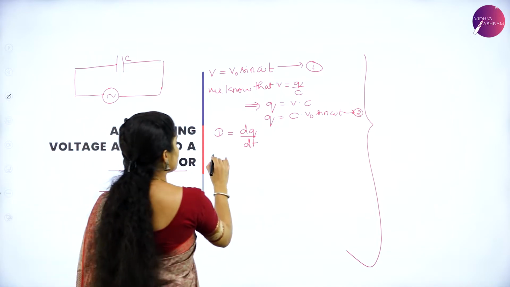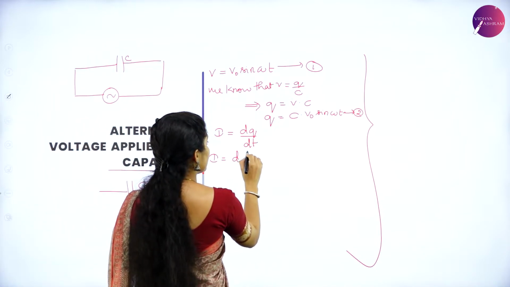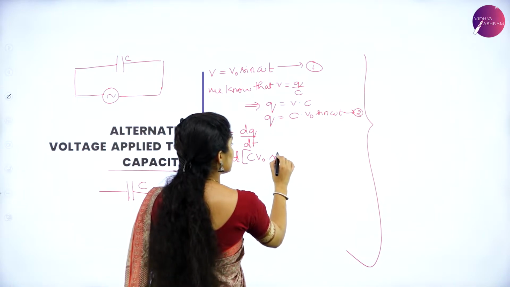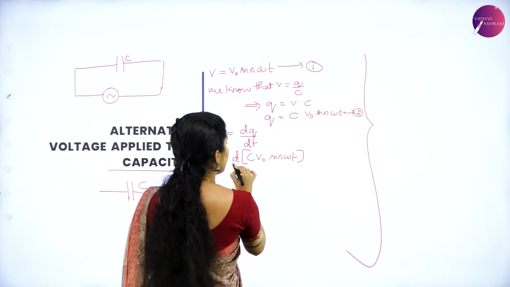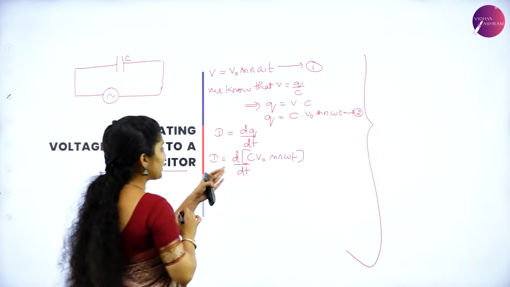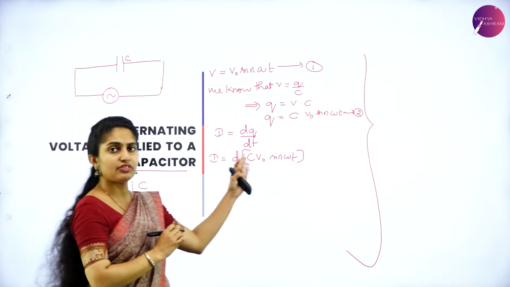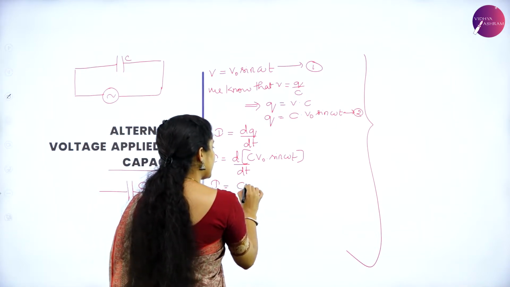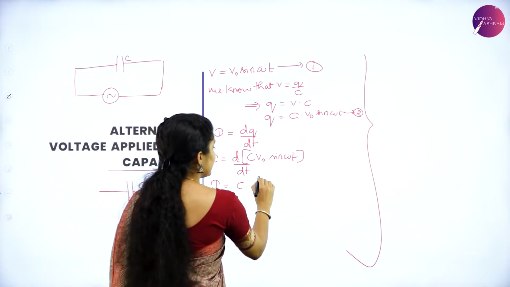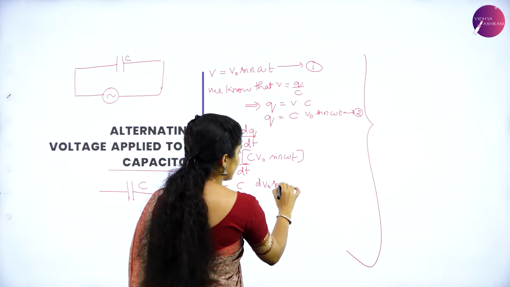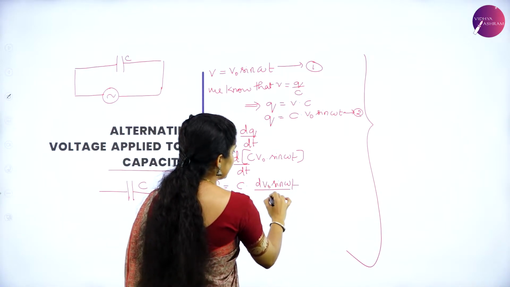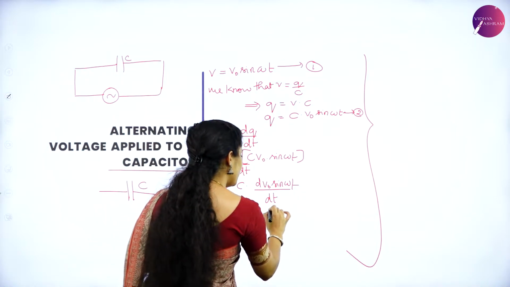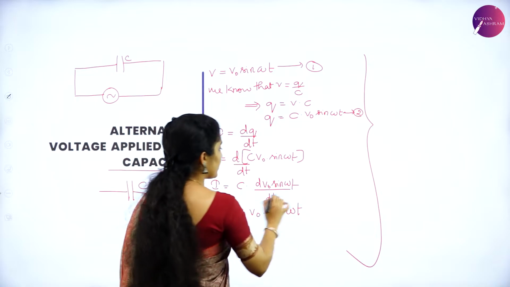So we apply I is equal to d of, instead of Q, I substitute C V naught sine omega t, divided by dt. With respect to t, you are differentiating C V naught sine omega t. C can be taken outside, so I is equal to C into V naught into cos omega t.